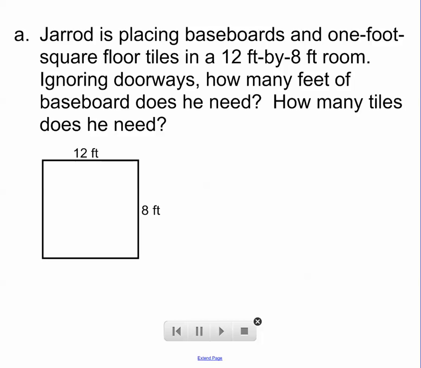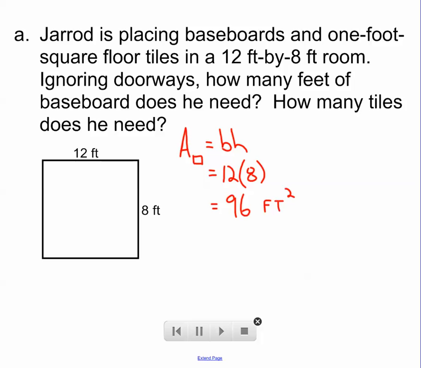Jared is placing baseboards and 1-foot square floor tiles in a 12-foot by 8-foot room. Ignoring doorways, how many feet of baseboard does he need and how many tiles does he need? I decided to do the tiles first. Well, the area of a rectangle is base times height, like we just gave. The base is 12 feet of this rectangular room, and the height is 8 feet.